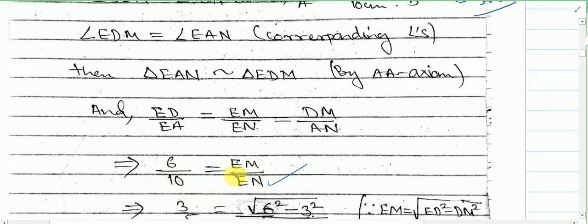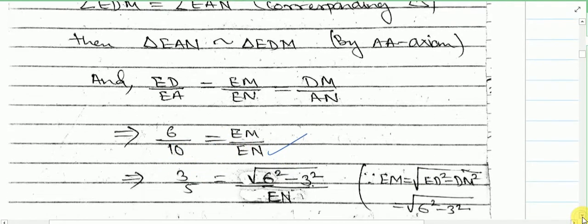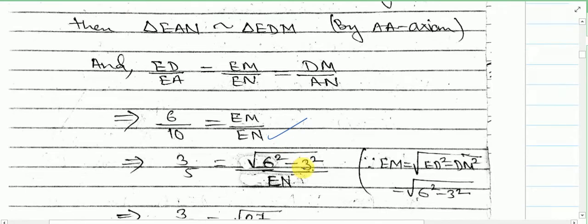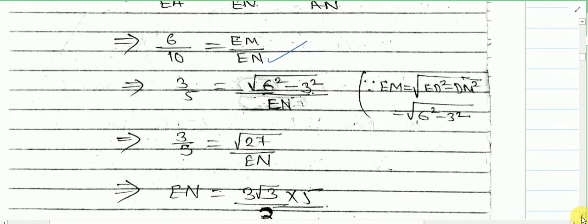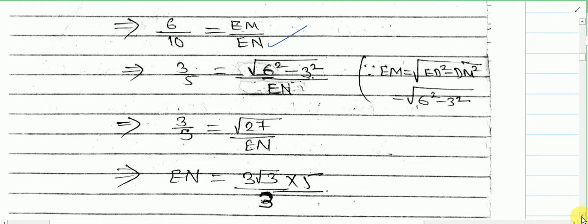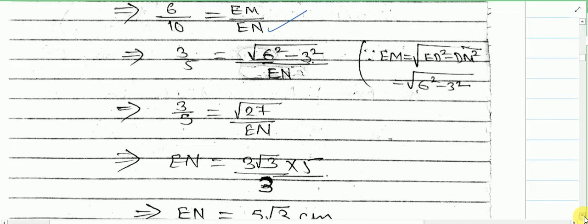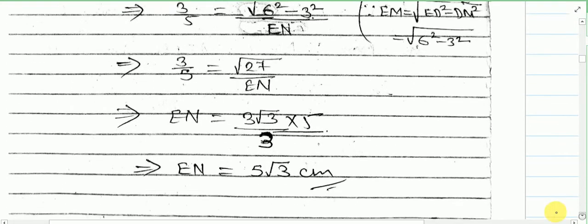Now EM I have shown you, this is how we are going to find EM. Clear? And now simplify it, and you will get EN equal to 5 root 3 centimeter.